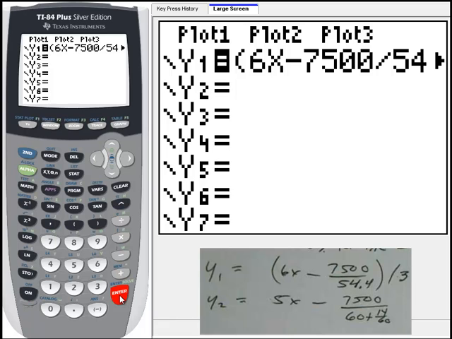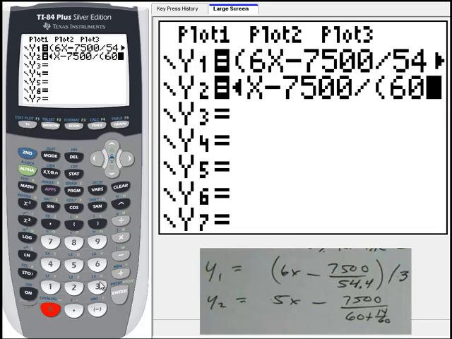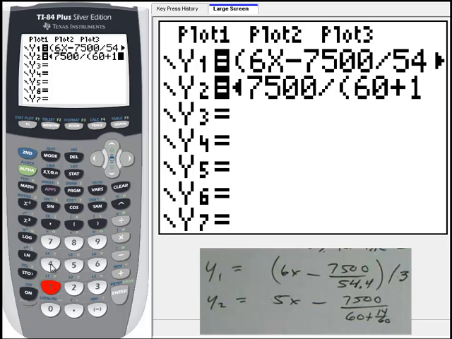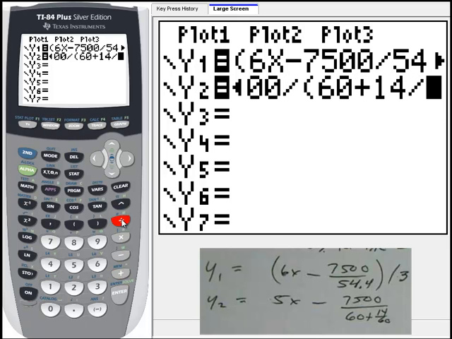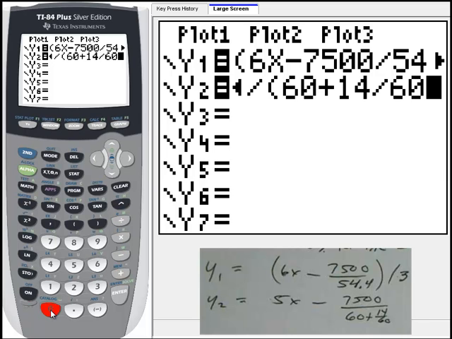For y2, we've got 5x minus 7,500 divided by, in parentheses, 60 plus 14 divided by 60, and another parenthesis.